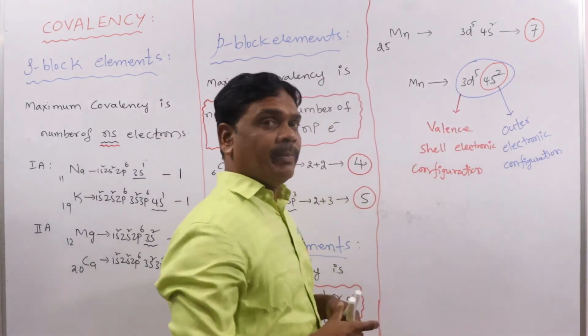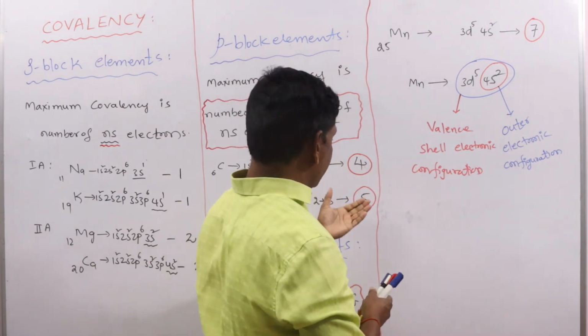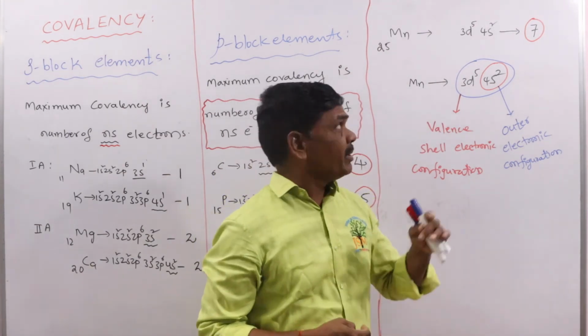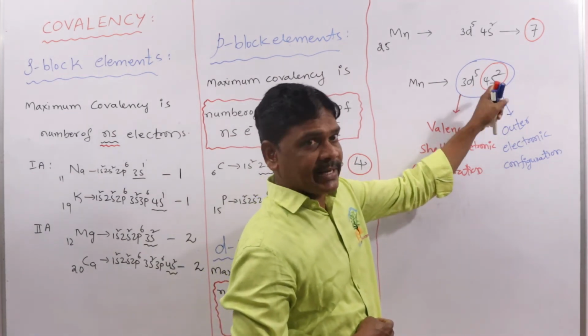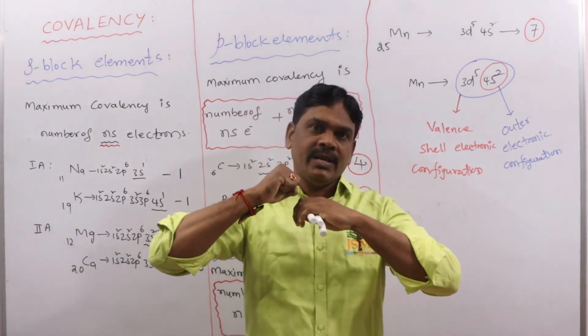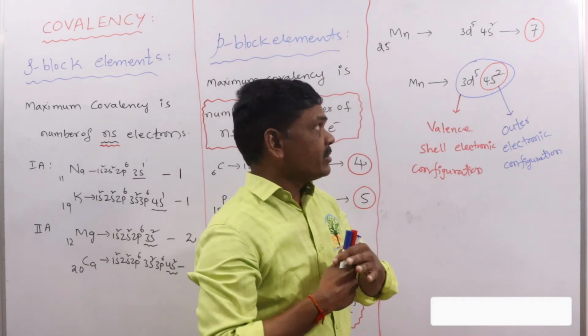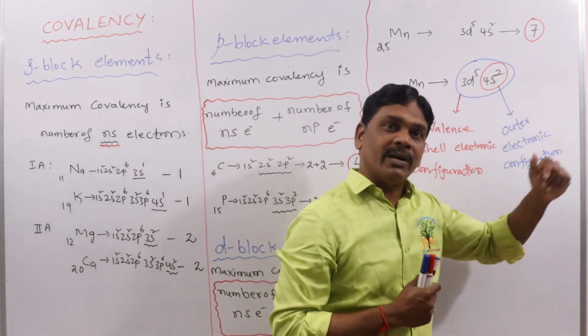This should be kept in mind, because in d block elements, the energy gap between the 3d and 4s energy levels is very small. That's why all these 3d and 4s electrons are involved in bond formation.